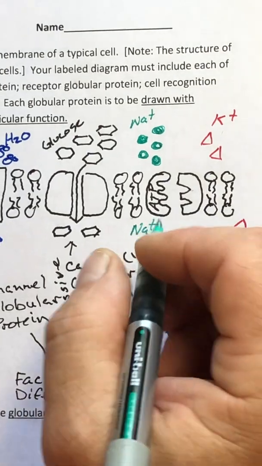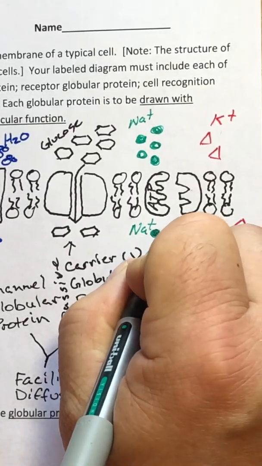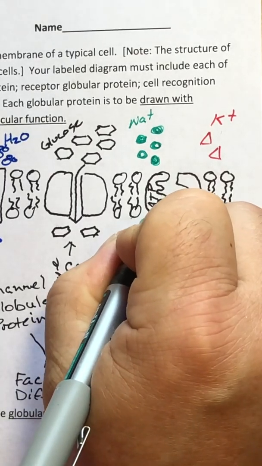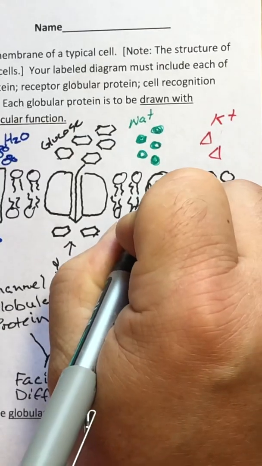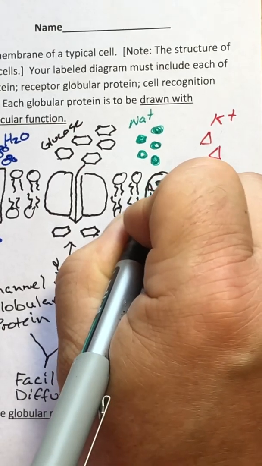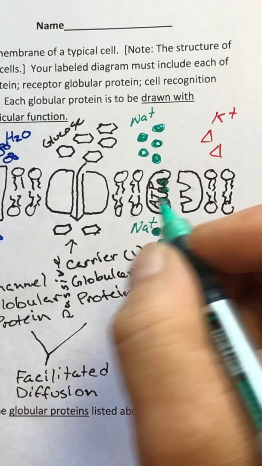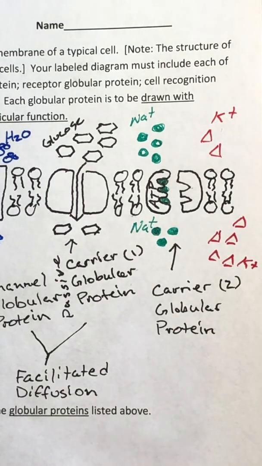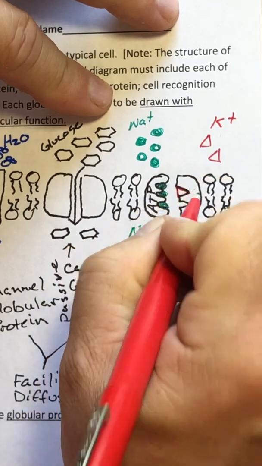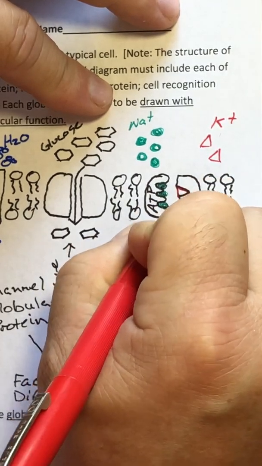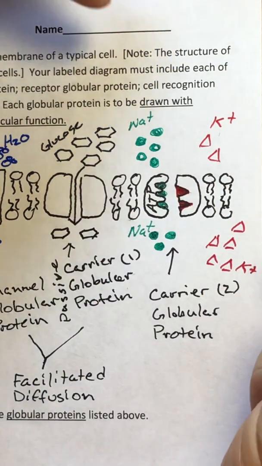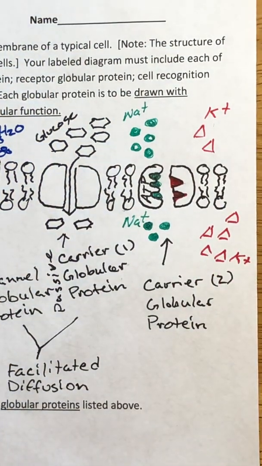So what happens here is basically, I'll draw one more sodium ion in here. That sodium will attach to one side of this carrier globular protein using energy in the form of ATP. And the potassium will attach to the other side, and the cell will use energy basically to move those molecules against the concentration gradient.